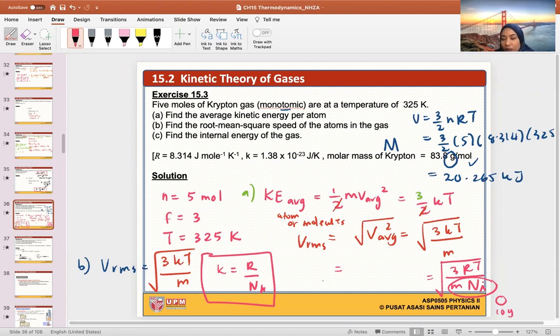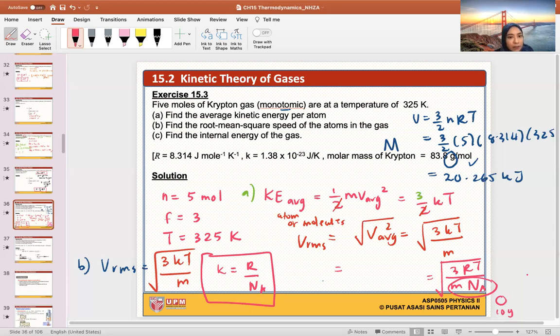I multiply it with the Avogadro constant, which is 6.02 times 10 to the 23, which gives me the mass of 1 mole of krypton. So small m times NA gives me molar mass.